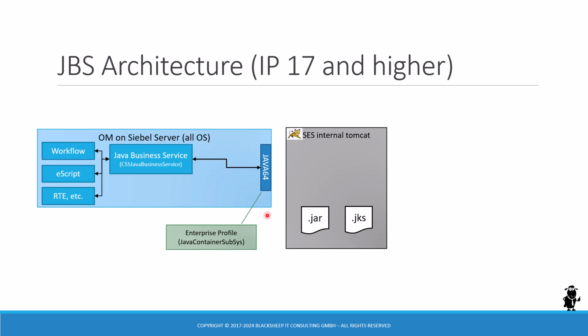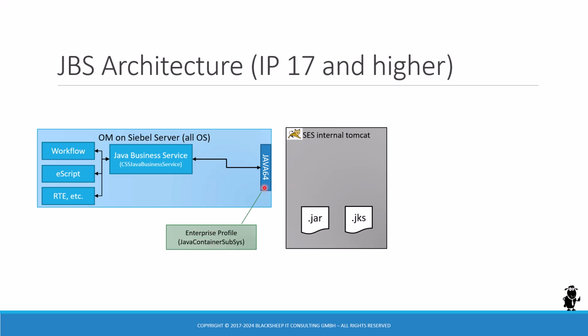The 64, of course, refers to the 64-bit characteristic of the Tomcat. While the Siebel server at the time of this recording and the object manager on it is confined to C++ 32-bit code, the Tomcat is modern in any current version, and of course it runs 64-bit Java. Hence the JAVA64 naming here.